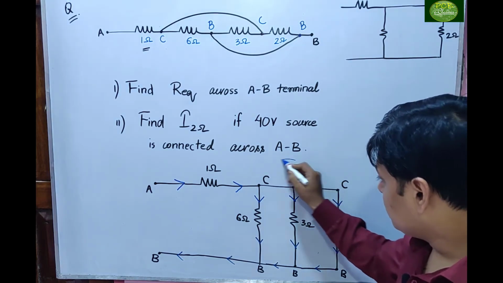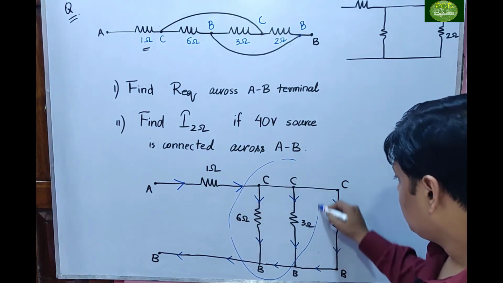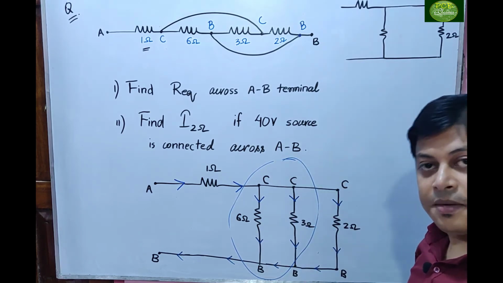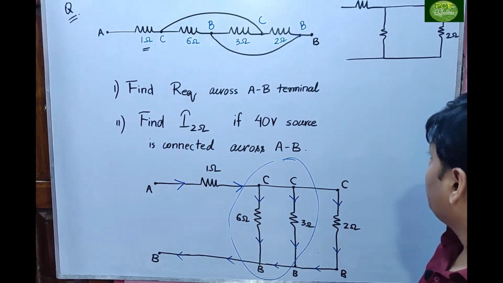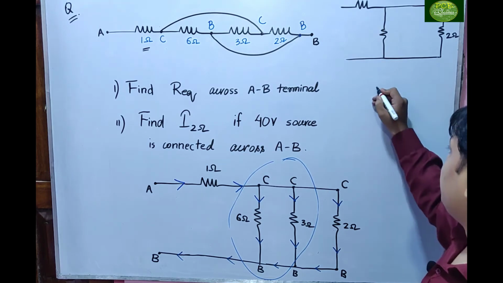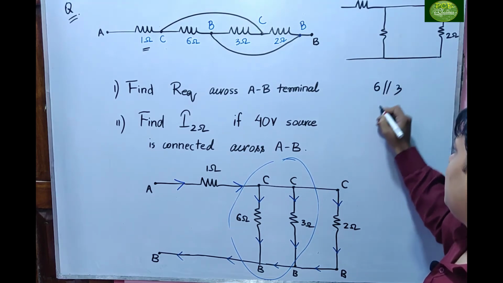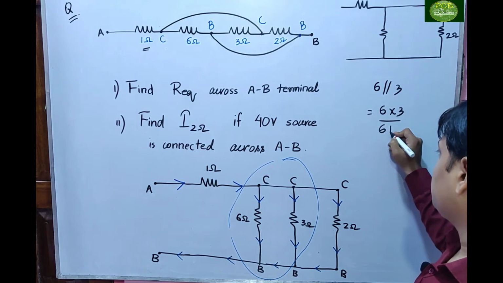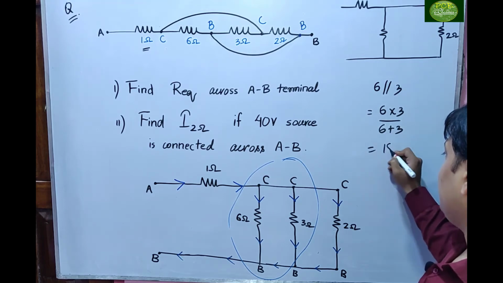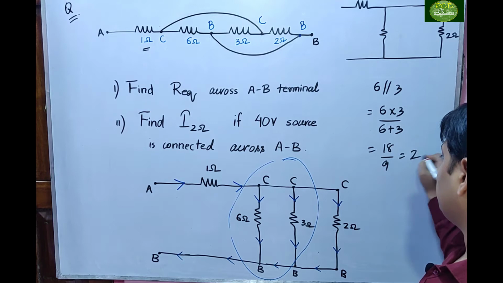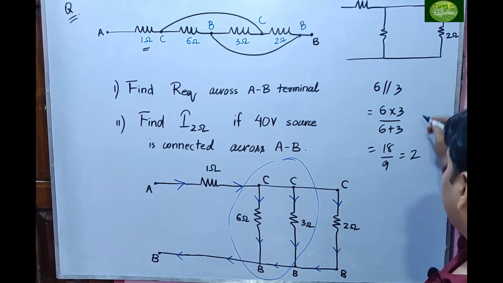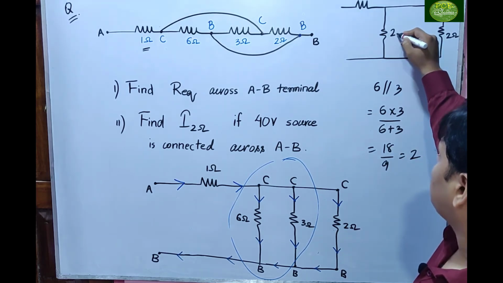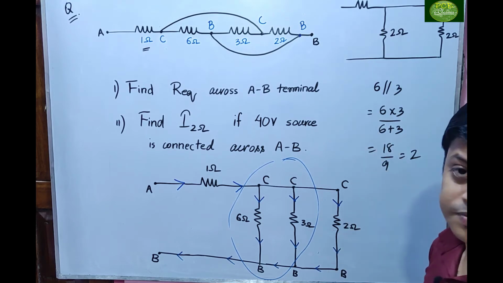Fine. And equivalent of this one. 3 and 2 are parallel. So what is 3 and 2 parallel? We'll find out. If it is 6 parallel 3, so this will be 6 multiplied with 3 divided by 6 plus 3. So it is 18 by 9, that is equal to 2. So what I'll write down, its equivalent, I'm writing down as 2 ohm.